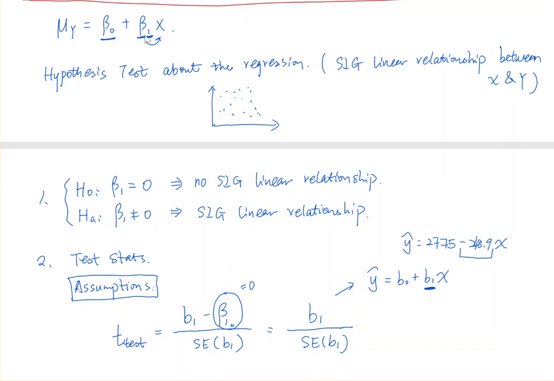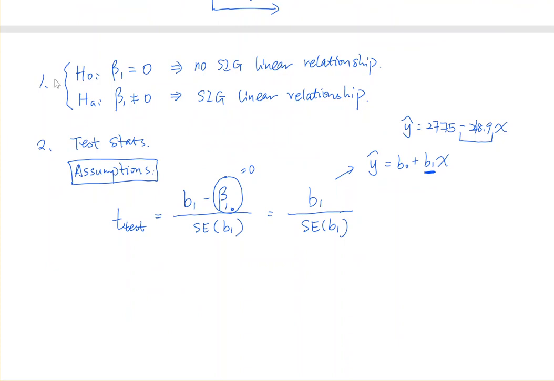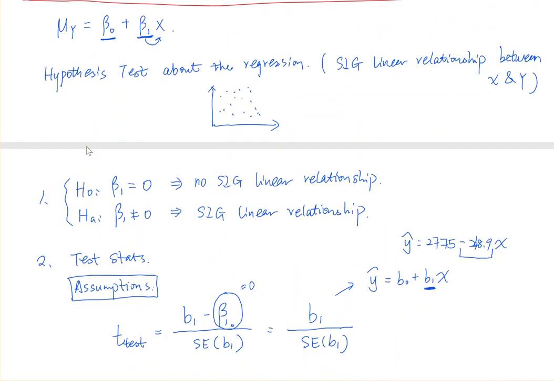So beta 1 is the coefficient of x. That means beta 1 shows the relationship of x and y. So to test the regression, of course, the first step will be to state the hypothesis, right? So we want to test whether beta 1 equals 0 or not equal to 0.